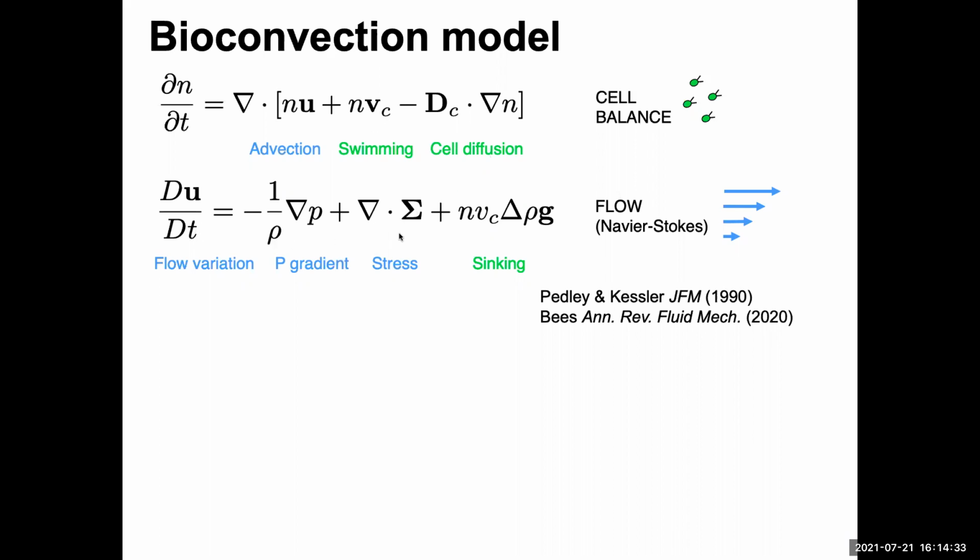And then you just have the Navier-Stokes equation for the flow. So just the flow variation changes with a pressure gradient, a stress, which can include active stresses due to swimming, and sinking. So the cells are slightly denser than the surrounding fluid, and so they generate a source in the fluid flow.